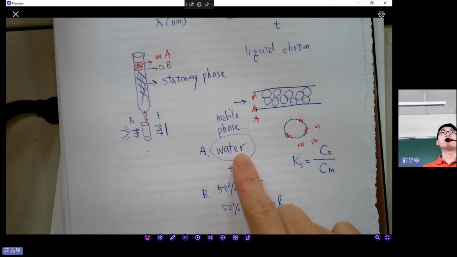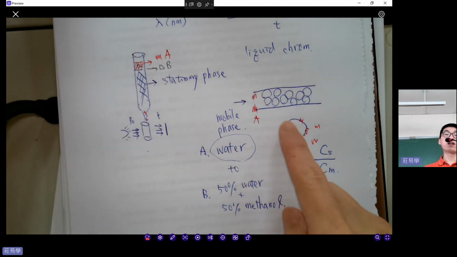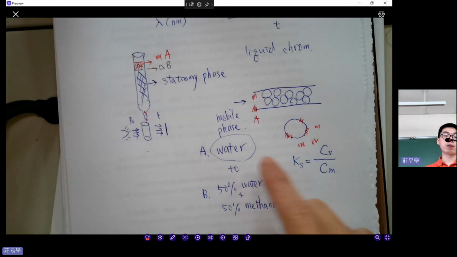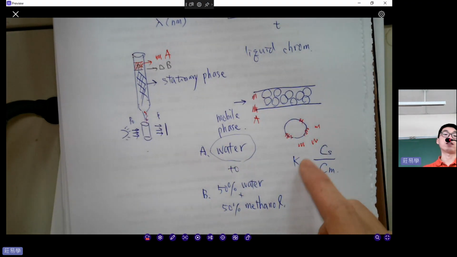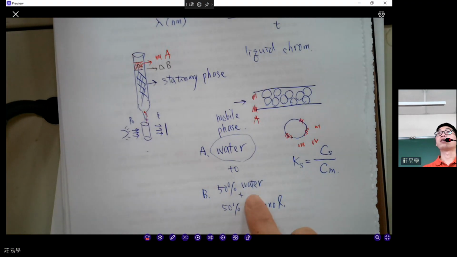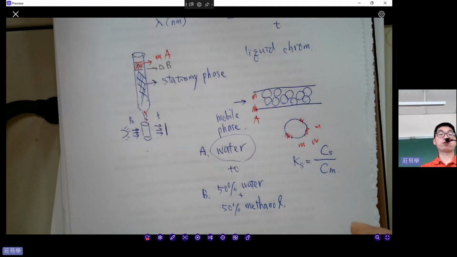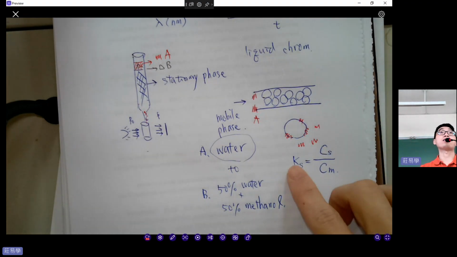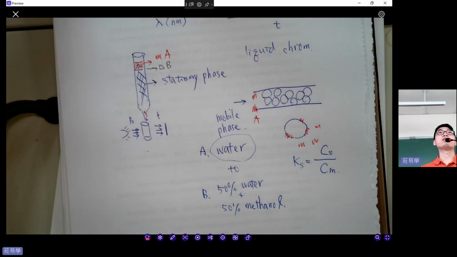Case A, right? Because the affinity of compound A in water is lower compared with the affinity of compound A in this mixture. So here is the first point. If you increase the solvent in the mobile phase, you are going to decrease the Ks. Decreasing the Ks means reduced retention time.